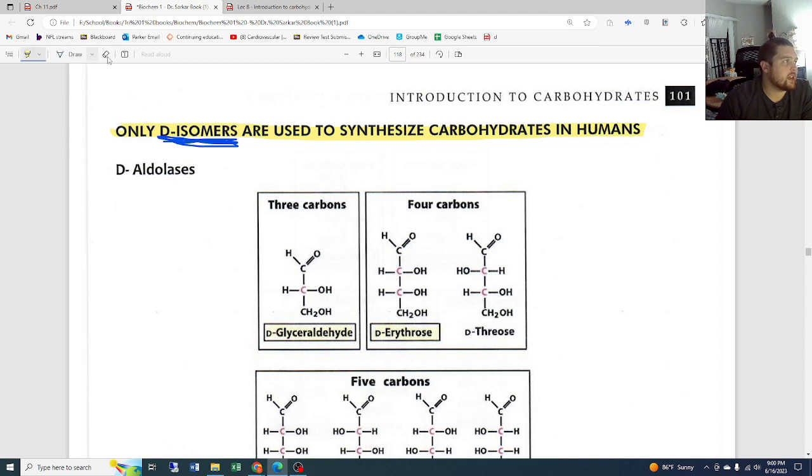When we get to an exam and we're looking at the different questions and answer choices, 99% of the time, if we see an L isomer, so L-aldolase, for example, L-glyceraldehyde, L-erythrose, anything like that, we can ignore it. Because we only want the D isomers. So if it has an L, cross it out and say, no, that is not the answer.